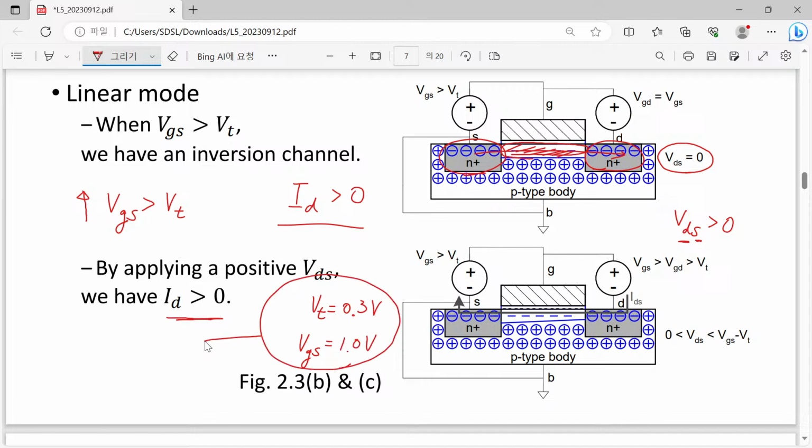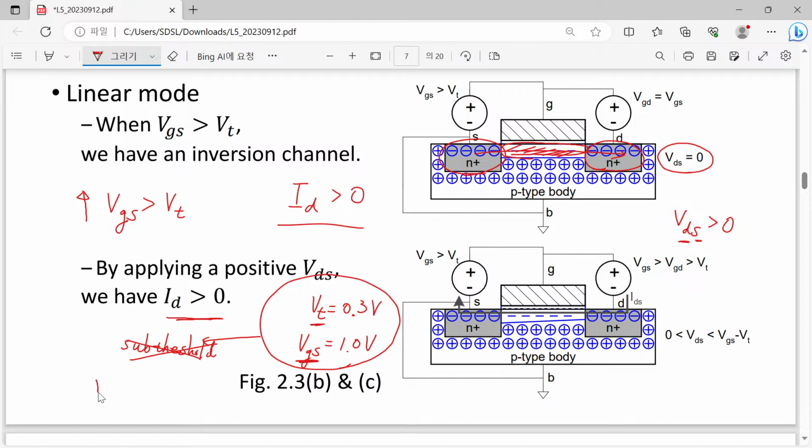Please try to estimate where it is. Is this in its subthreshold region? Certainly not. This is a voltage higher than threshold voltage, so we will have an inversion channel.